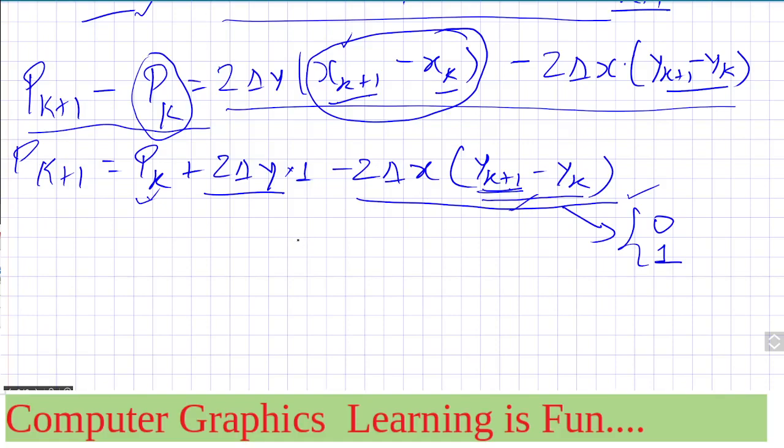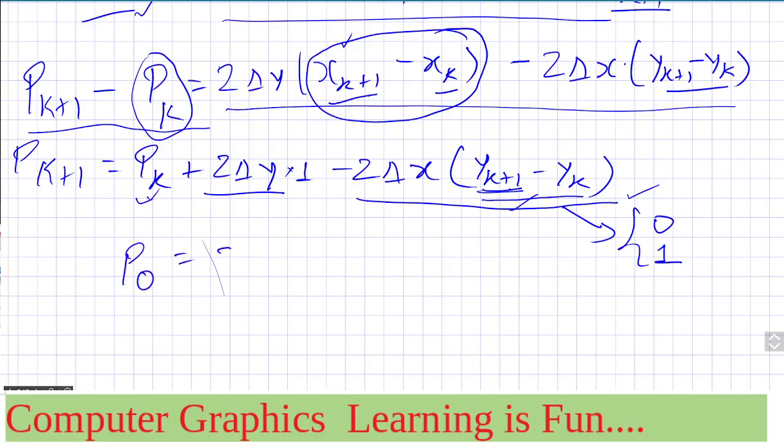For each x position, you will start from the left coordinate. The first position is already given, and if you think about the parameter p0, what will it be?